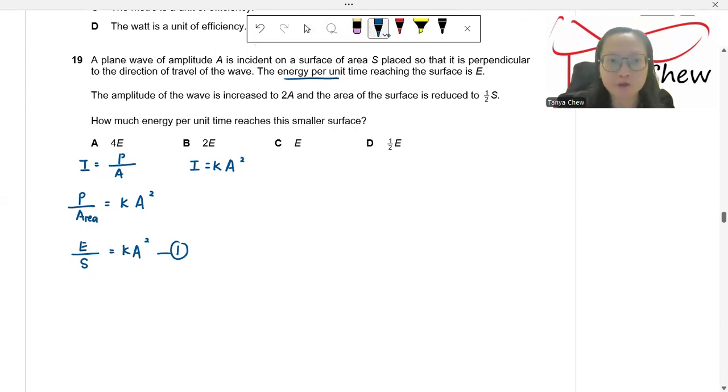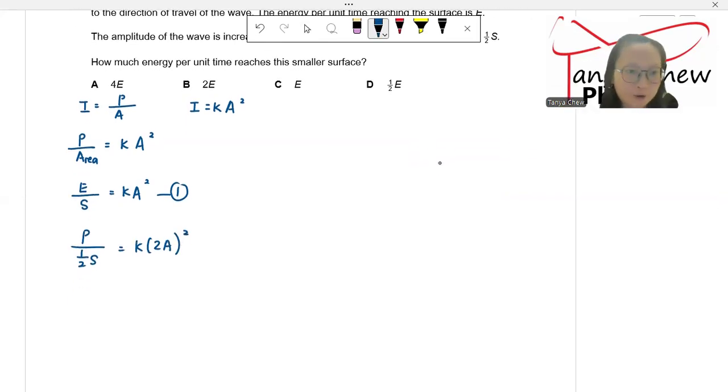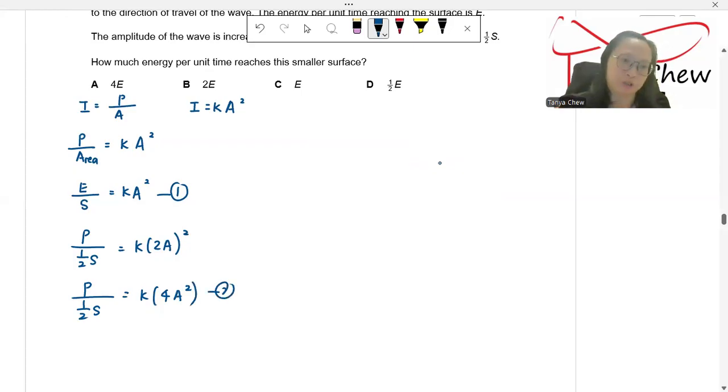Now the amplitude of the wave is increased to 2A. They ask you to find the energy per unit time, I'll just call it power P. The surface area is reduced to half S. Amplitude now becomes 2A, but you have to square the whole thing. Therefore, I have P over 1 over 2 S is equal to K 4A squared. This is the second equation.